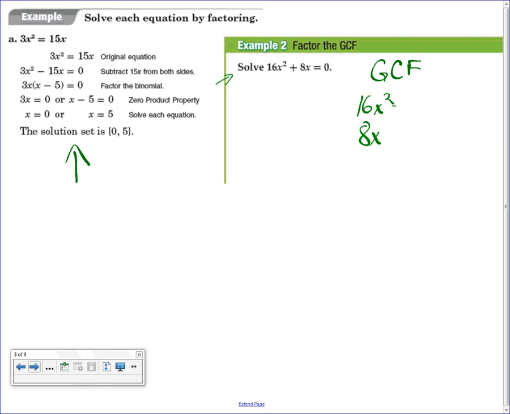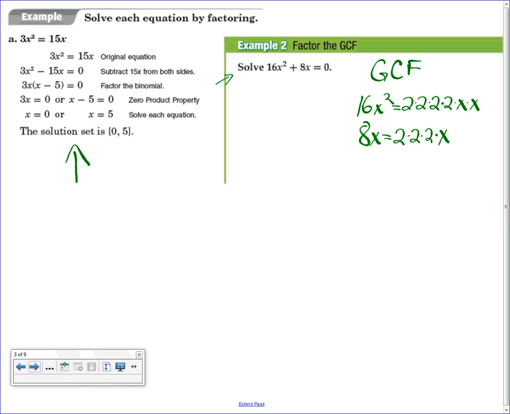Now, the prime factorization for 16x squared is 2 times 8, which is 2 times 4, which is 2 times 2, and then we have x squared. 8x is 2 times 4, and 4 is 2 times 2, and we have an x there as well.